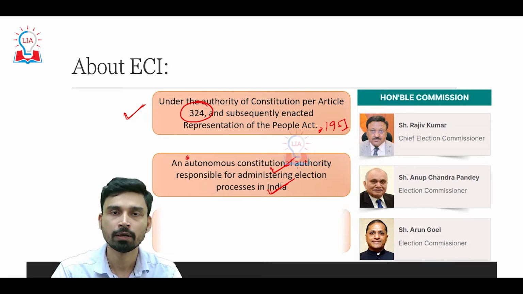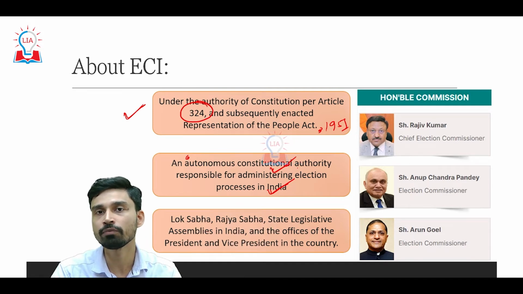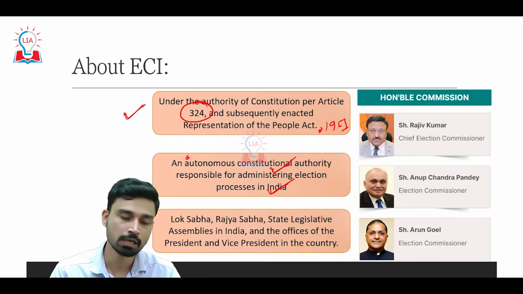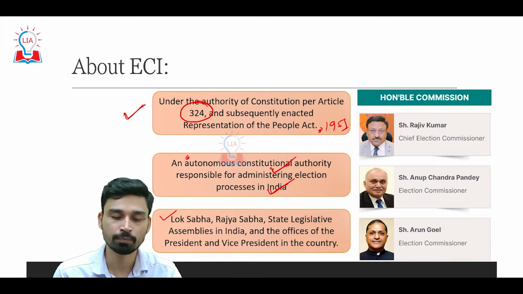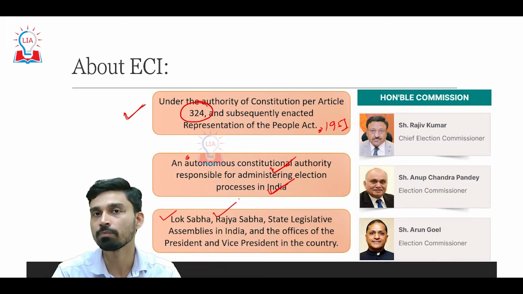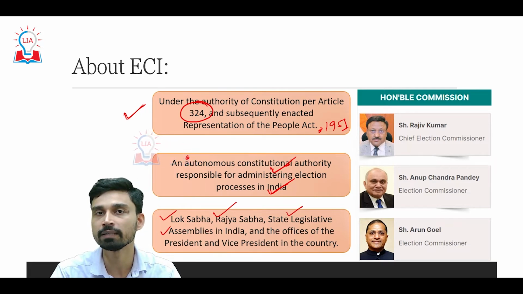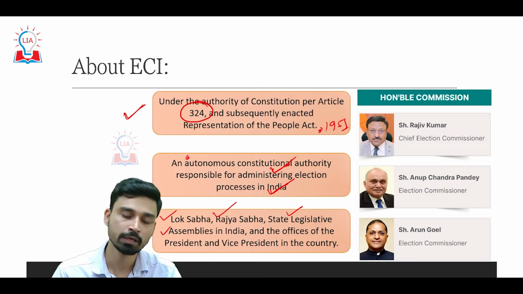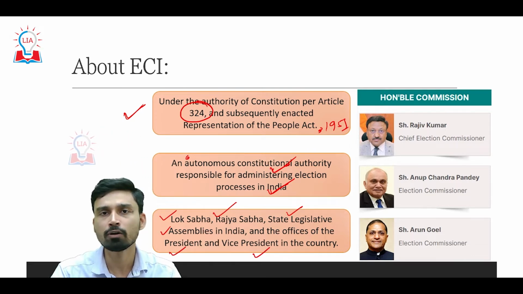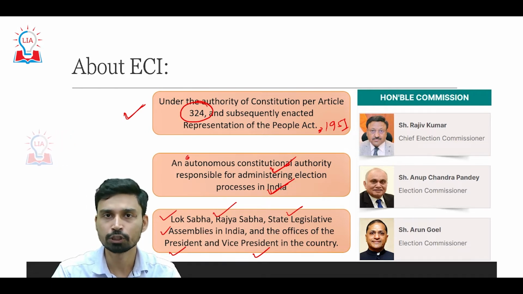The elections that the Election Commission of India is responsible for carrying out are elections to the Lok Sabha and the Rajya Sabha, that is both the houses of parliament at the central level, as well as the elections to the state legislative assemblies at the state level. At the same time, the offices of the president and the vice president of India also have their election procedure conducted under the guidance of the Election Commission of India.